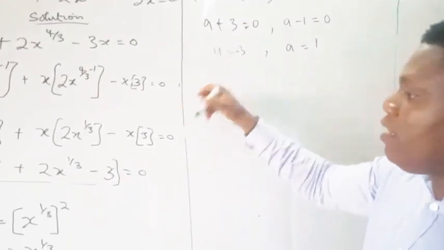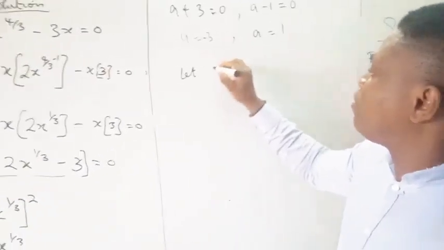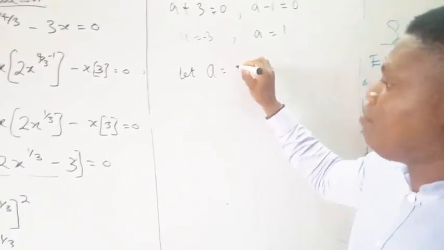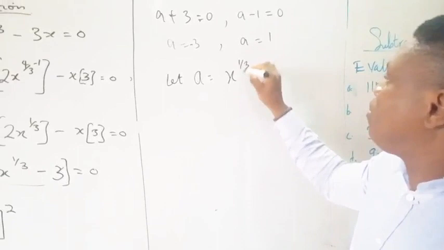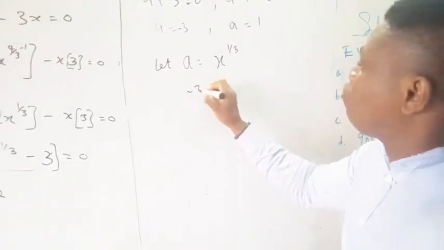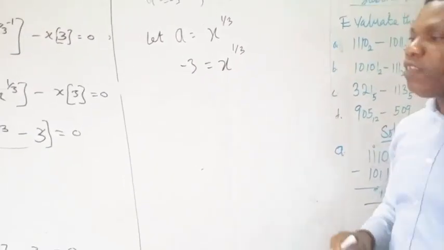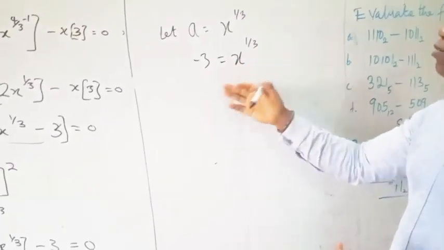Now remember we said let a be x raised to the 1/3 power. So my a here is minus 3 equals to x to the 1/3 power. So what am I going to do here?